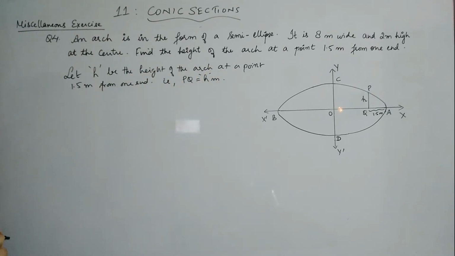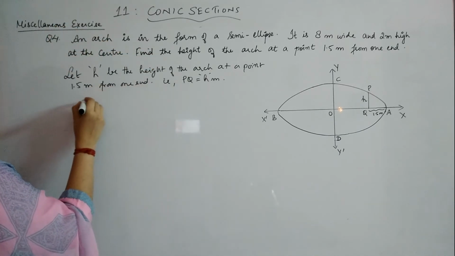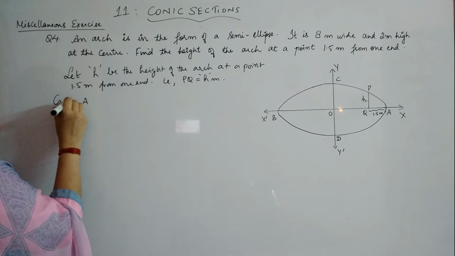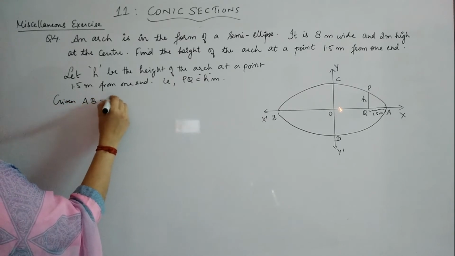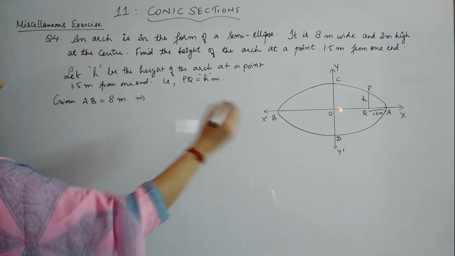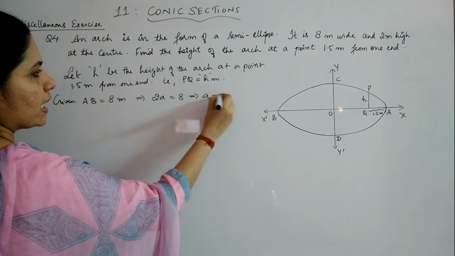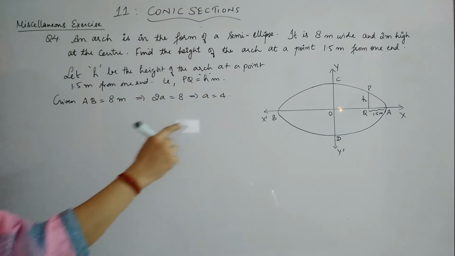Now what all are given from the question? The length AB is given as AB is equal to 8 meter. That means what is AB acting as? It is 2A. 2A is 8, which will give you A is 4. Now what about the other one?